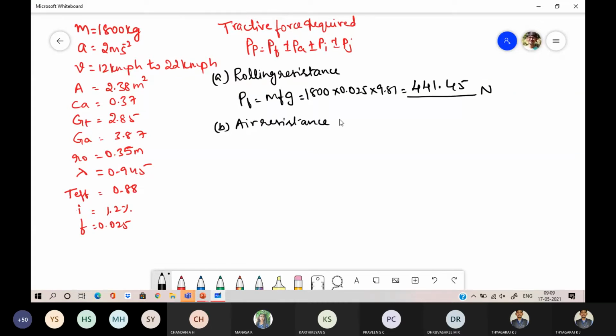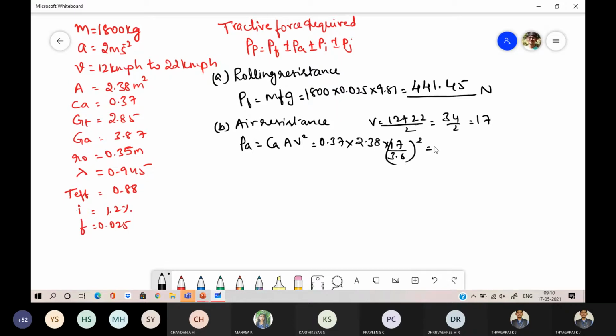Then comes the air resistance. Pa is equal to CAA V square, where V is equal to (12 plus 22) by 2, that is 34 by 2, which is equal to 17. So C is 0.37, frontal area is 2.38, and V is 17 by 3.6 whole square. Check how much you are going to get. You will get around 19.63 Newton.